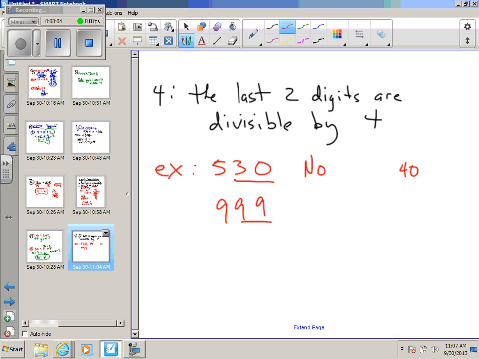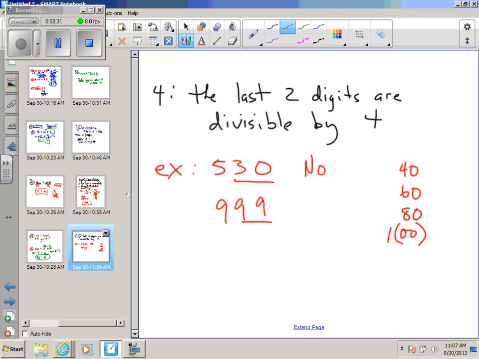I could use 40, right? I could use 60. That's divisible by 4. I could use 80. I could also use 100. Is 100 divisible by 4? For what? Give you $1, right? 25.